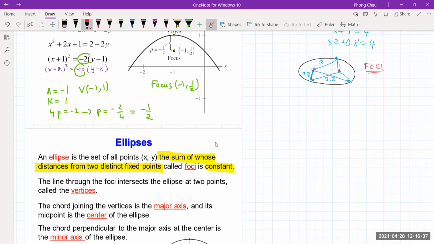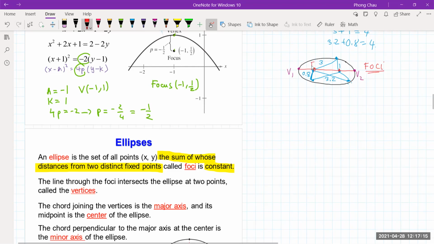Now the line through the foci intersects the ellipse at 2 points. If you look at the line that goes through these two foci, it intersects the ellipse at this point right here, point 1, and this point 2. These 2 points are called vertices, so I can label V1 and V2, that is vertex 1 and vertex 2.